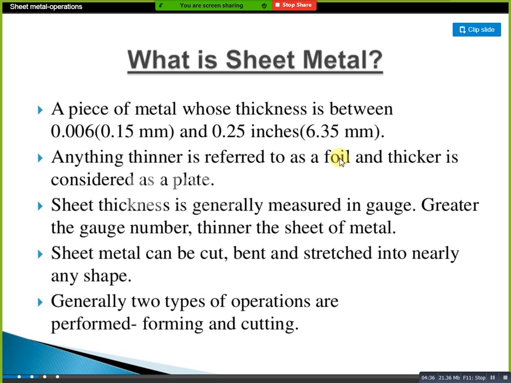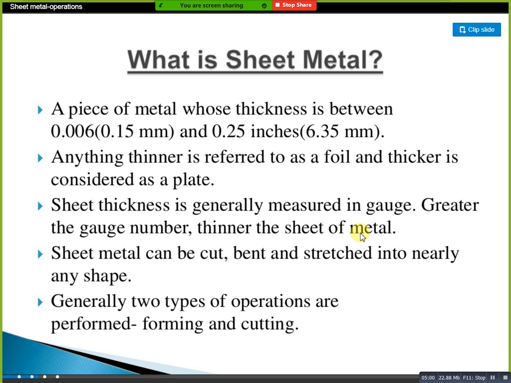Sheet thickness is generally measured in gauges. You can remember this point. When you are measuring a sheet, we need to consider our units in gauges. The greater the gauge number, the thinner the sheet metal. For example, an 8 gauge has a small thickness. A 6 gauge compared to 8 gauge has higher thickness.